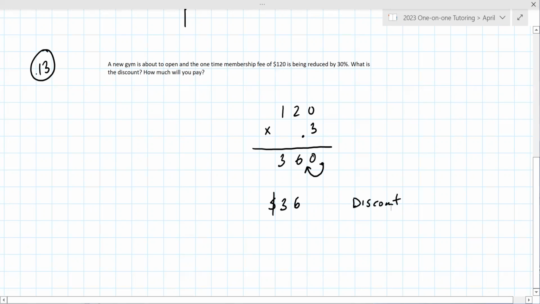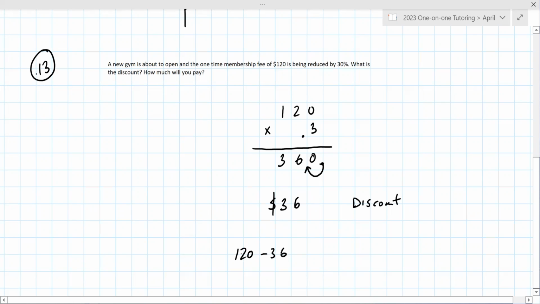What is the new price of the membership fee? It was originally 120. This is the discount. That's what's marked off. How do you find the new number? Do we subtract? Yes, 120. So 240.